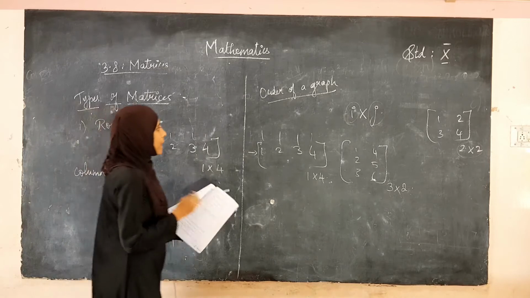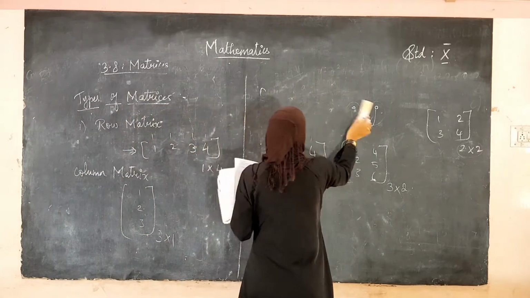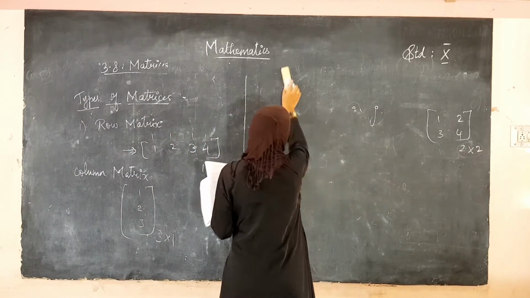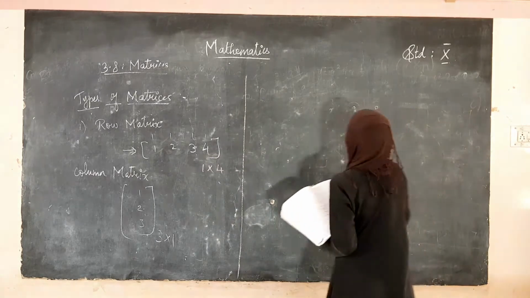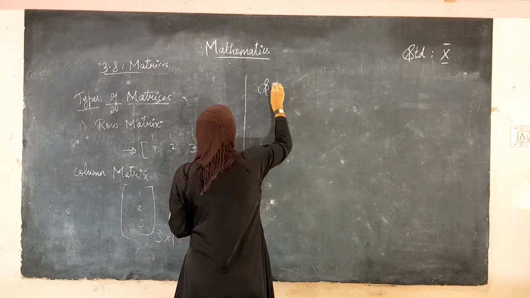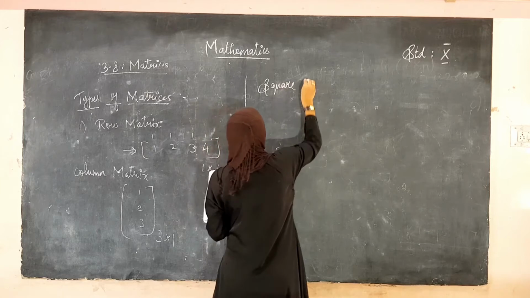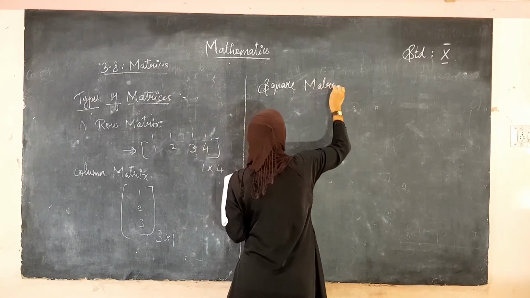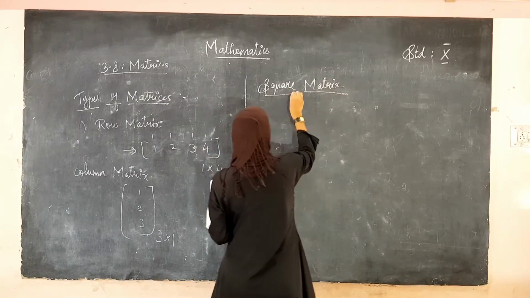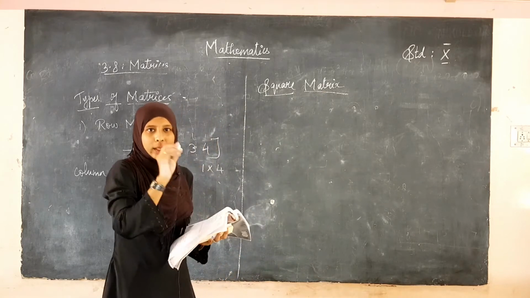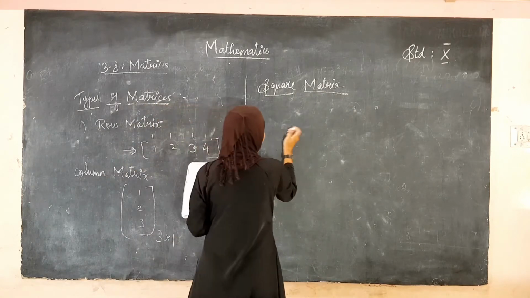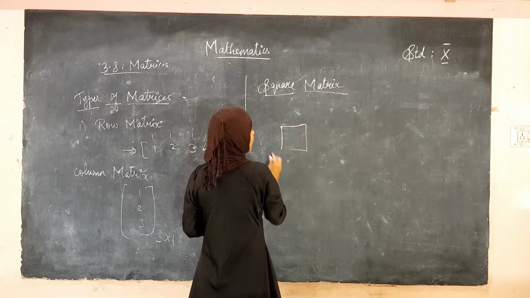Now, square matrix. What is a square matrix? Square means equal sides, right? So, how do we describe the square? It has equal sides.